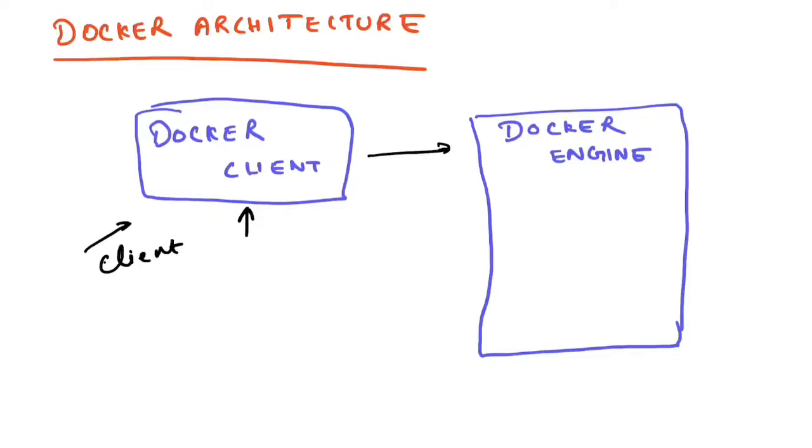You can think of Docker client as a kind of user interface, a command line interface, which exposes different commands for the users to communicate with the core backend engine, right?